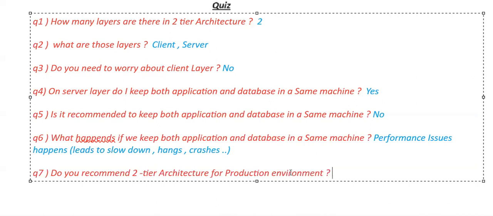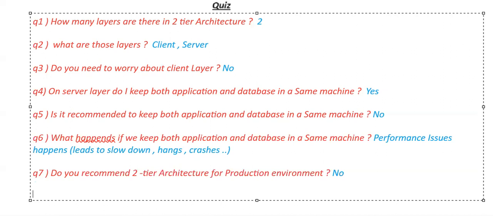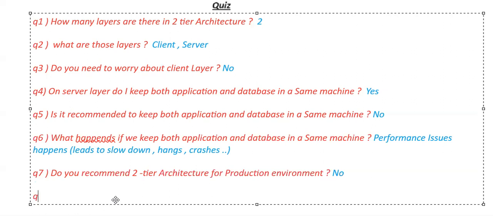I hope you answered this question. The answer is no. Why, sir? Because both application layer as well as database layer are present in the same machine, so it leads to performance issues. I don't like my clients to face such performance issues, so that's why it is not recommended to use this two-tier architecture as production environment. Now let us move on to another question.